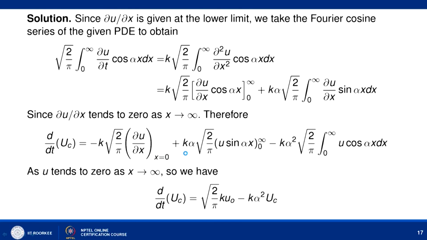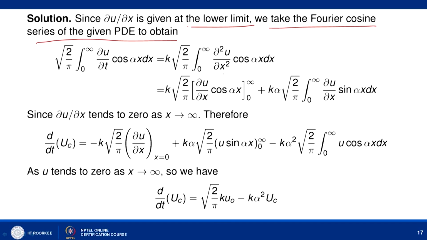Since u_x is given at the lower limit, we take the Fourier cosine transform of the given PDE to obtain the following equation: root(2/pi) integral from 0 to infinity of u_t cos(alpha x) dx equal to k times root(2/pi) integral from 0 to infinity of u_xx cos(alpha x) dx.